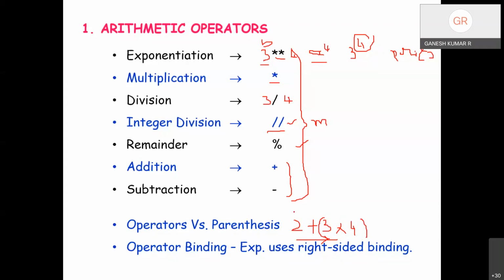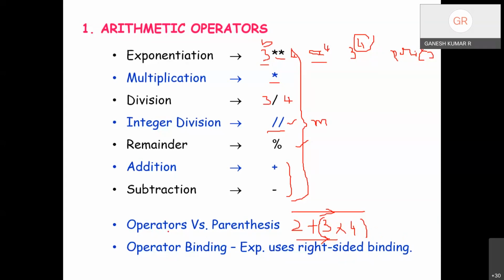Of course, the traversal takes place from left to right, but in an expression, any value that exists between a pair of parentheses will be given the highest priority. So all the operators work in left to right traversal, except parentheses, which will be given more priority.